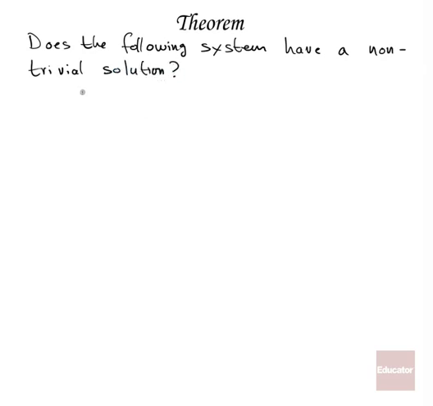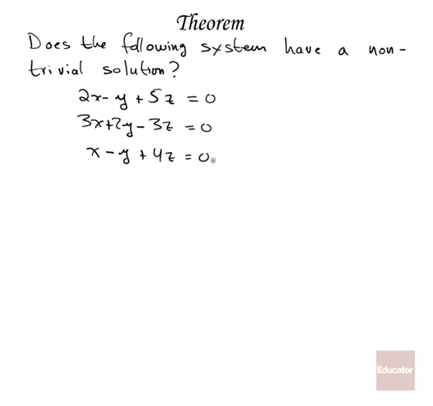Our system is 2x minus y plus 5z equals 0, 3x plus 2y minus 3z equals 0, x minus y plus 4z equals 0.